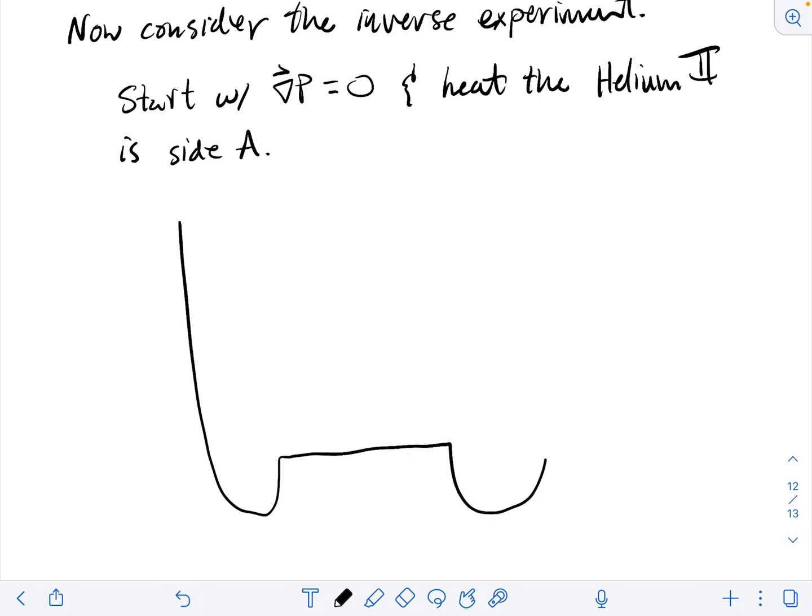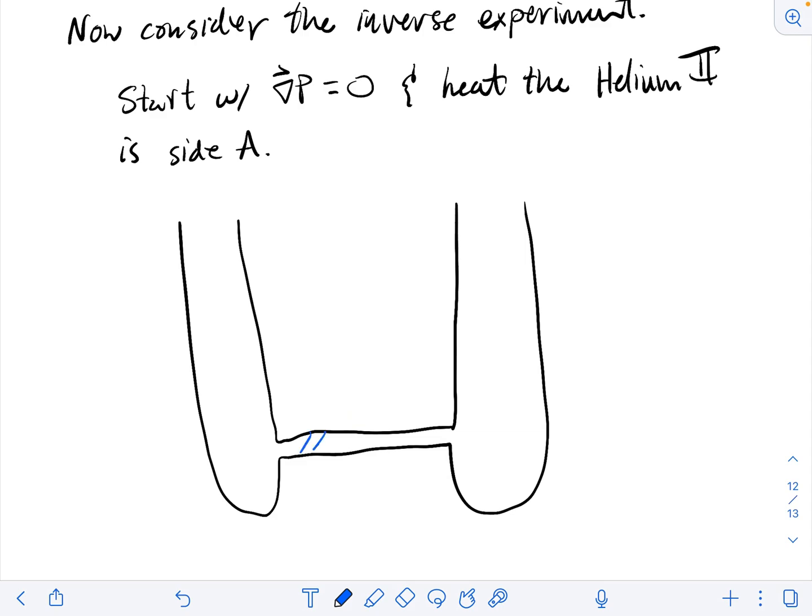Our super leak is in here. And we're going to imagine maybe feeding a resistor through, so that if we pass a current through our resistor, we can heat the left-hand side, the left test tube. You could also just have a little ball of powder in there and shine a laser pointer onto that ball of powder or something like that. Okay, so that means temperature TA is going to be greater than temperature TB.